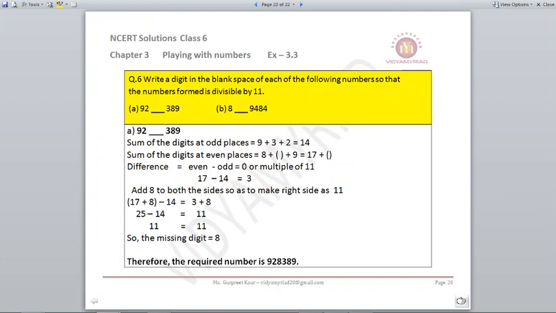Now 3 is already there. So will I add 8 only to 3? No. To have a balance, I will add 8 on both the sides, left hand side and right hand side, so that I can equate my situation. So the missing digit should be 8.